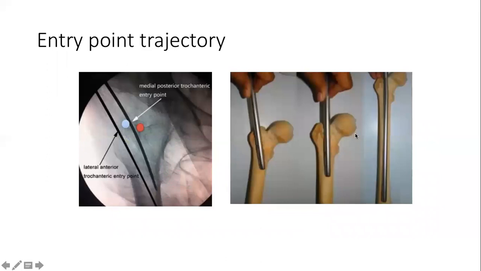And regarding entry point trajectory, again, we must place our guide wire. This is a picture depicted from the AO compendium, and they have shown that if we place our guide wire lateral to the tip of the trochanter, the trajectory would be towards the medial aspect of the bone. Now, if we can keep that entry point medial to the tip of the trochanter, the trajectory would be towards the shaft of the bone.